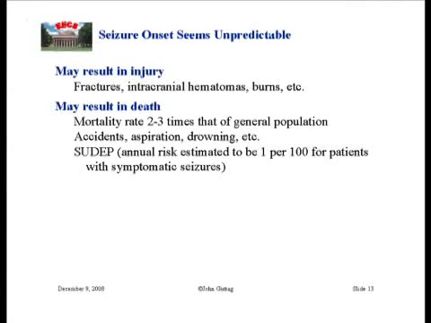Sometimes people have what are called absence seizures, where they just sort of black out for a period of time. Still not a good thing if you're, say, driving a car when that happens. The key issue here is that the onset of the seizure seems unpredictable. And in particular, it seems unpredictable to the person who has the seizure.